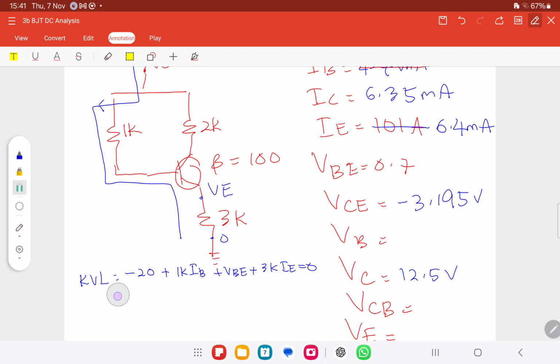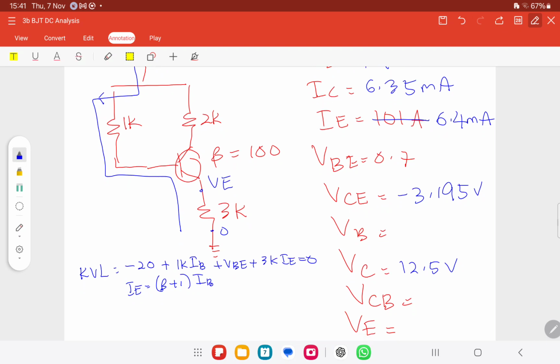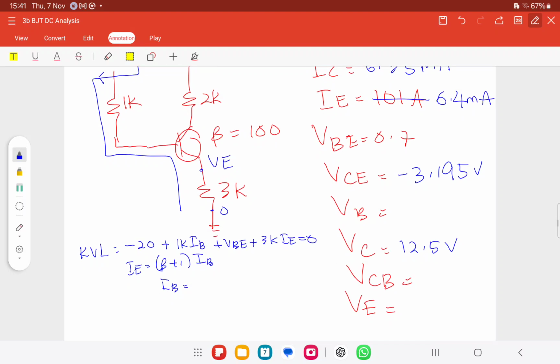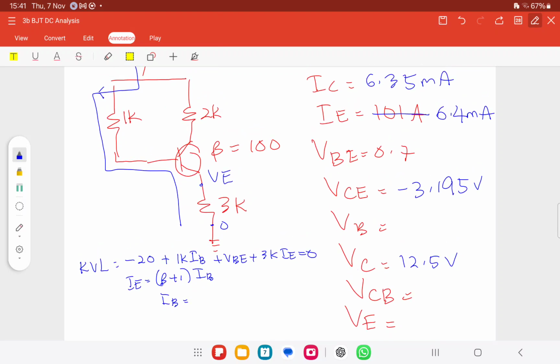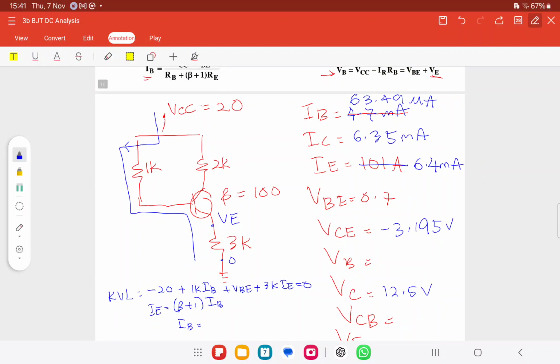Lepas tu gantikan IE equals to beta plus 1 IB. Gantikan dalam tu. So you can get the IB. Nampak tak? You can get the IB from the gantikan IE equals to beta plus 1 IB.